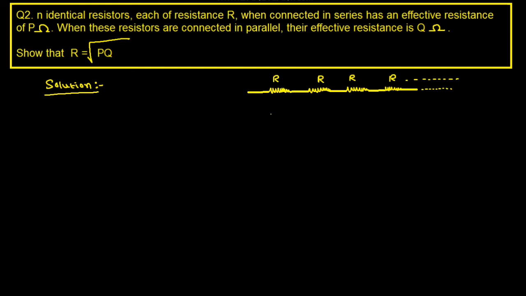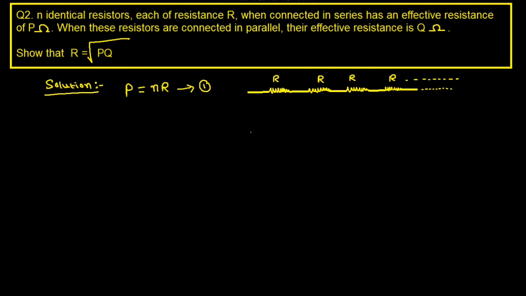Now, the effective resistance of this combination is P. So therefore, this can be written as nR. Let us mark this one as equation number 1.